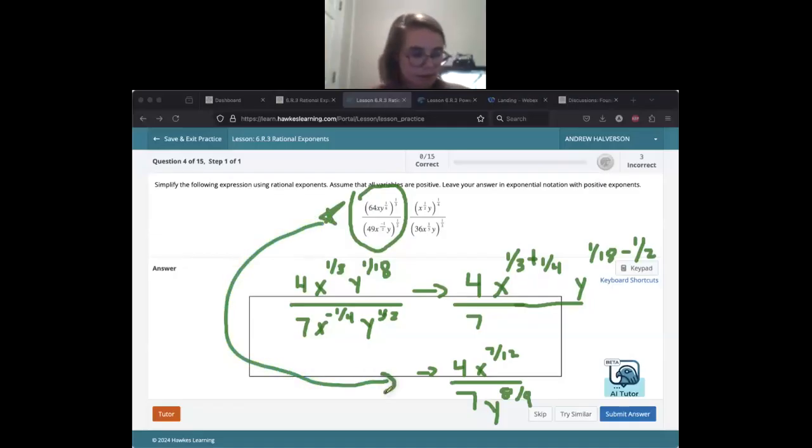I have another question. I'm kind of stuck on and intrigued by the negative exponents and what to do with them. For this one, we first brought the x to the negative 1/4 up, and we simply added 1/3 and 1/4.